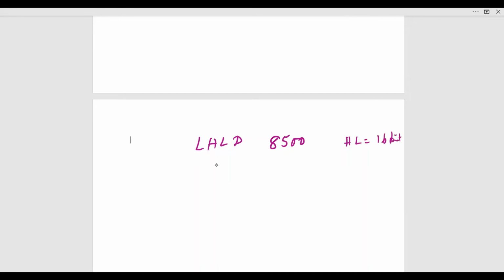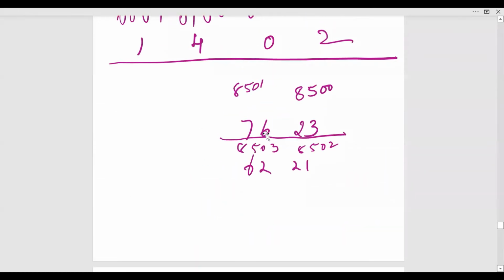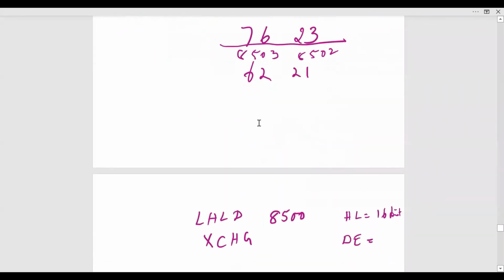Now we'll use XCHG, an instruction which exchanges the contents of the HL pair with the DE pair. So the first 16-bit number that is in the HL pair will now be moved to the DE pair. Now the DE pair consists of the number 7623. E consists of 23 and D consists of 76.